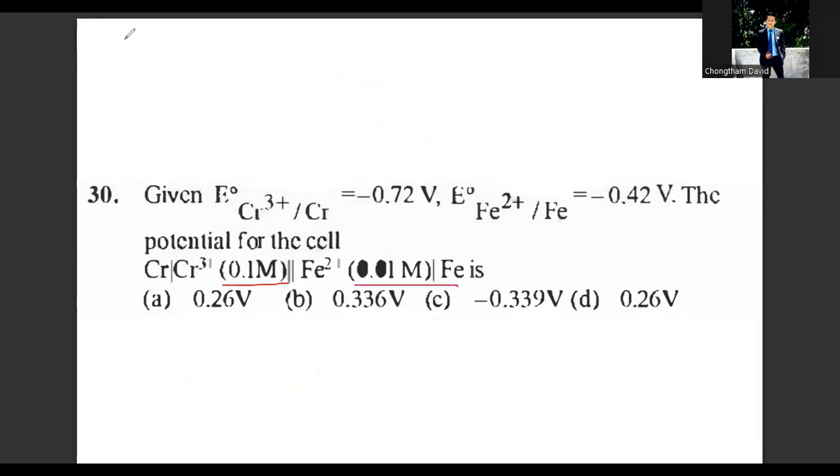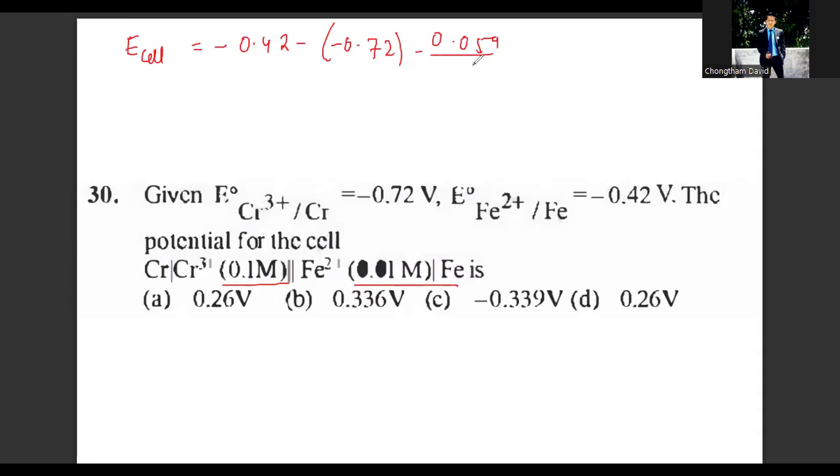Don't always follow E cathode minus E anode. That will not work in most of the case, because whenever there is change in concentration, never forget to use this Nernst equation. So to find the standard cell potential values, let us write the value 0.72 minus 0.05.